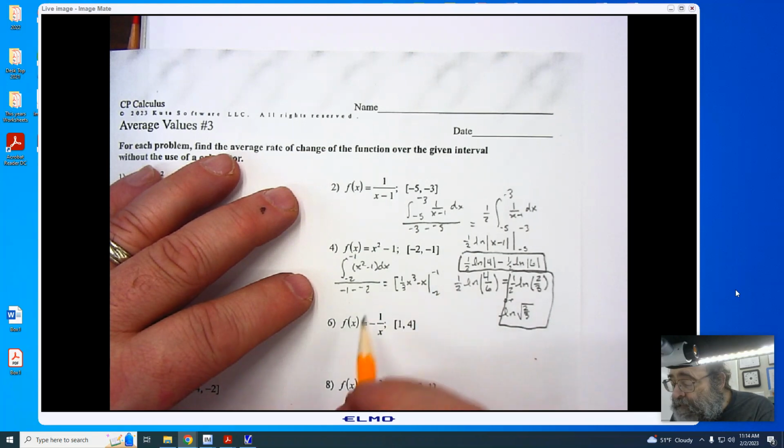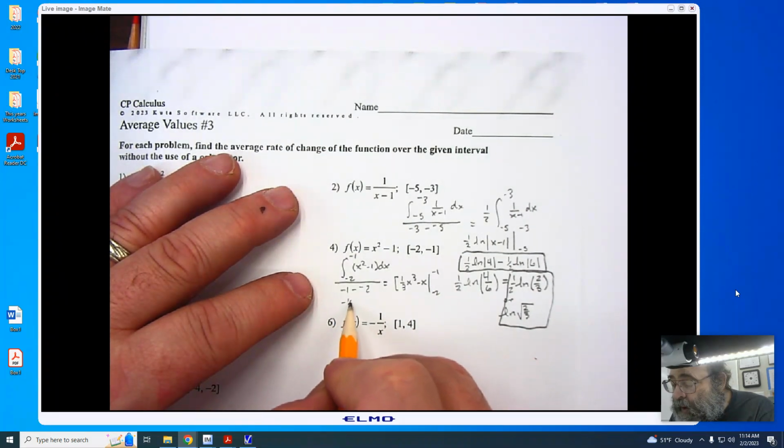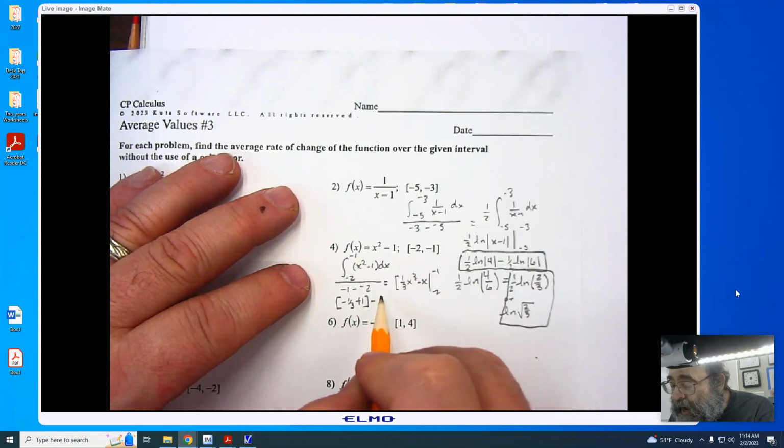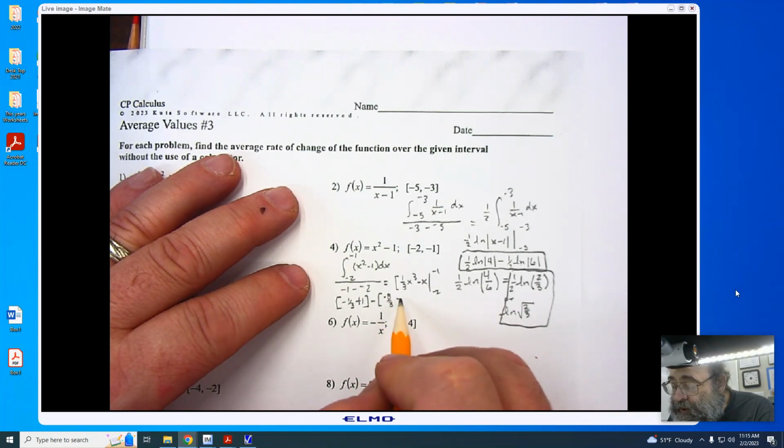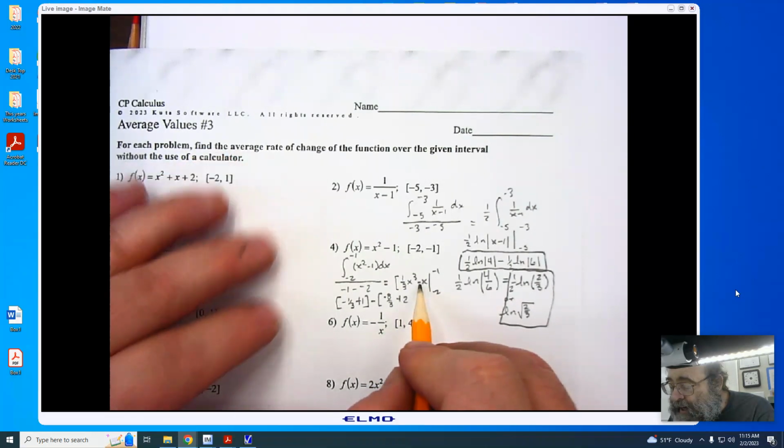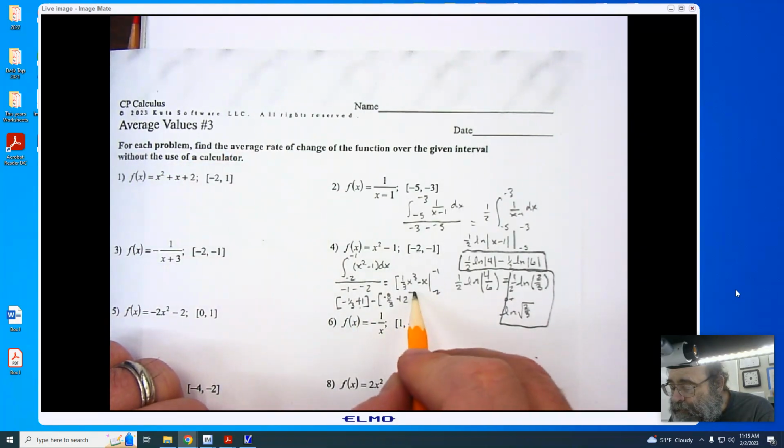We put in the -1 first, and we get -1/3 plus 1. We then subtract, and we plug in the -2. This is giving me -8/3 plus 2. Now it's a plus 2 because of that double negative, just like we had a plus 1 here.